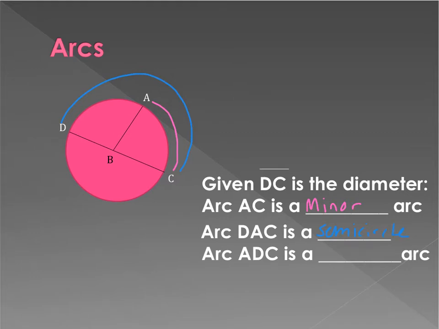And then arc ADC, this arc here, is more than half the circle, so this would be a major arc.